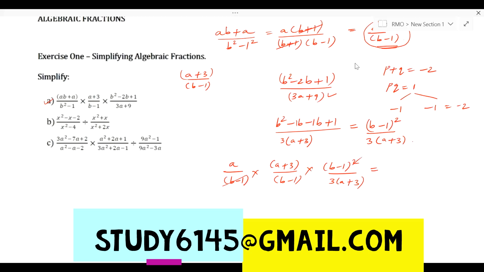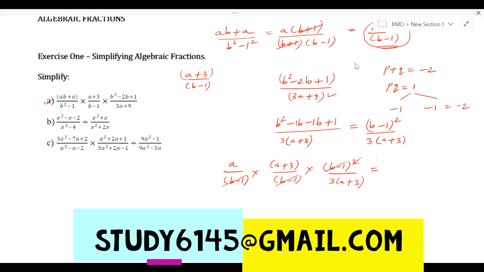What would be the next then? I think we can also cancel the other b minus 1 with the remaining b minus 1. Yeah, so this was b minus 1 square, so we can write this as b minus 1 into b minus 1. So this also got cancelled.